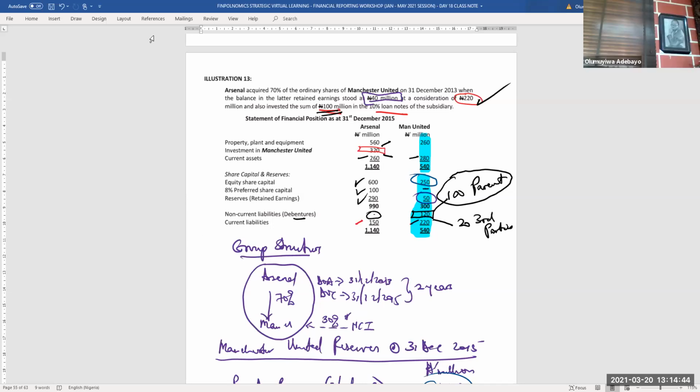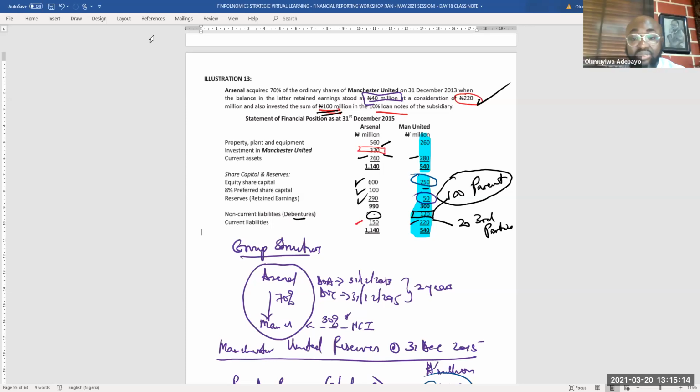Yes, it agrees. No, there is 100 missing.